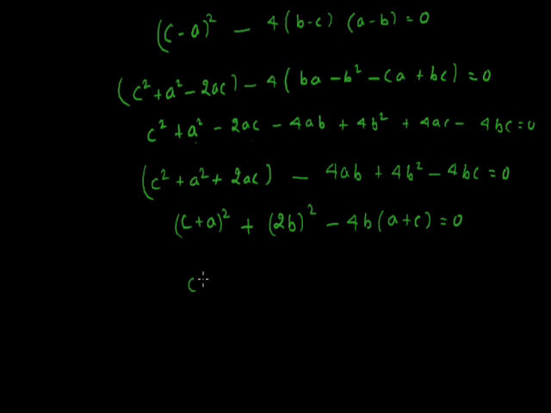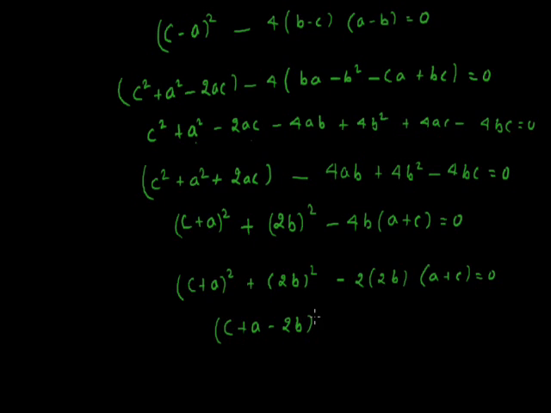Or we can also write (c plus a) whole square plus (2b) whole square minus twice multiplied by 2b multiplied by (a plus c) equal to 0. Therefore it will become (c plus a minus 2b) whole square equal to 0, or c plus a minus 2b equal to 0, or c plus a equal to 2b.